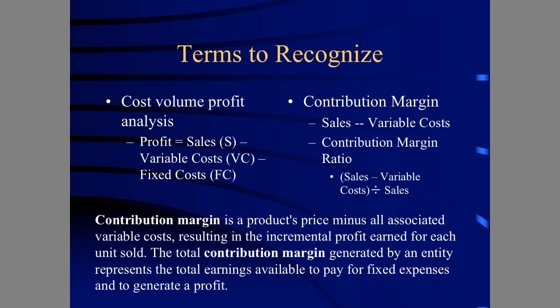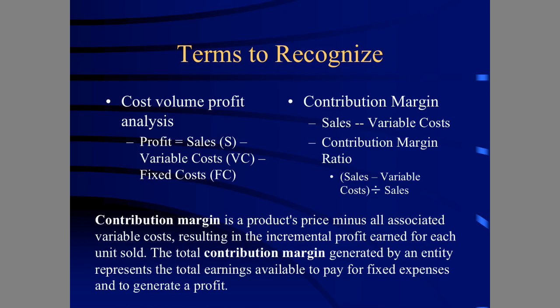Things we need to recognize in looking at cost-volume-profit analysis: obviously profit is a reflection of our sales, of whatever it is we're selling, minus our variable costs, minus our fixed costs. The other thing we have to take into consideration is contribution margin. Contribution margin is a product's price minus all associated variable costs, resulting in the incremental profit earned for each unit sold. The total contribution margin generated by an entity represents the total earnings available to pay for fixed expenses and to generate profit.